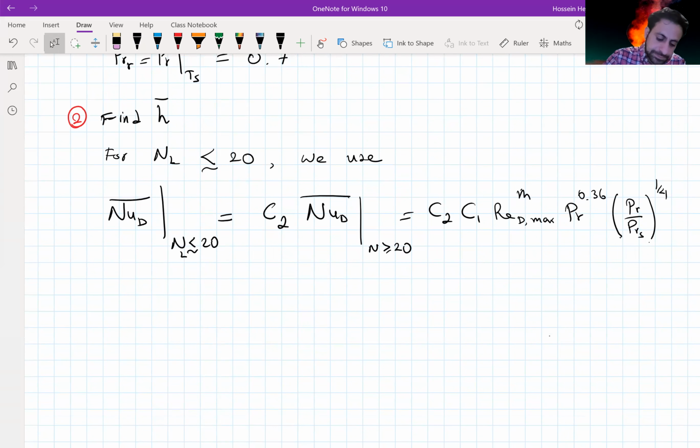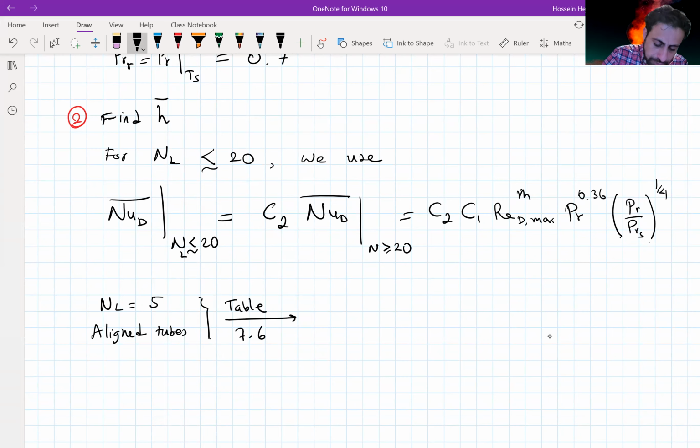Now the number of tubes along the flow direction is 5, so NL is 5, and then for the aligned tubes, from table 7.6, C2 is going to be 0.92.